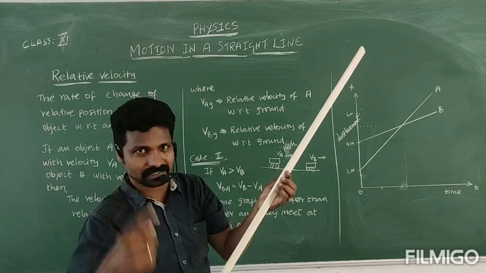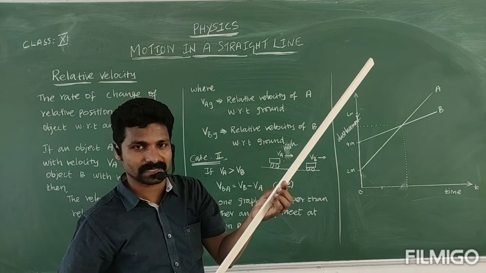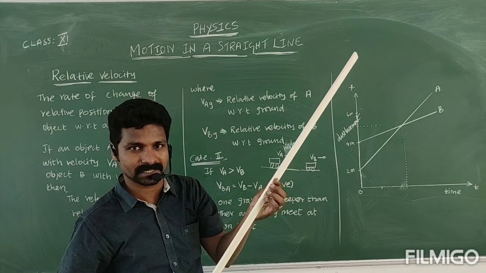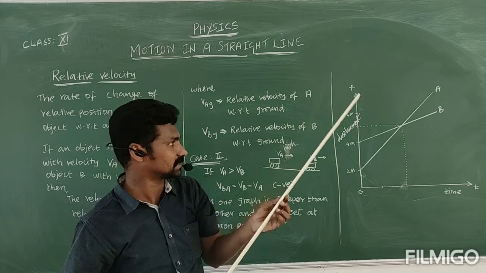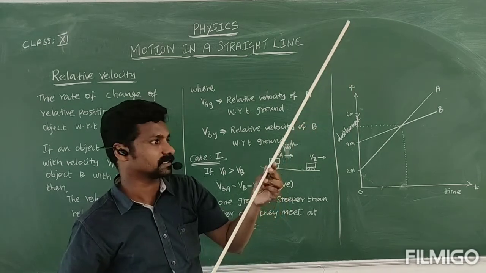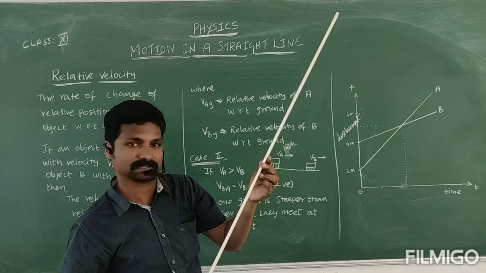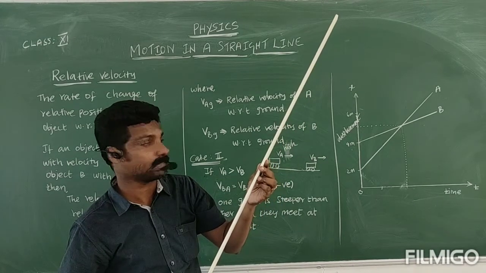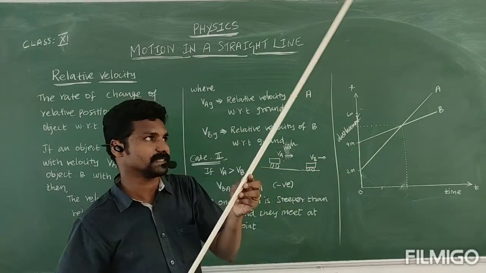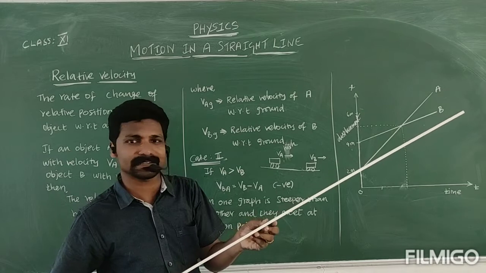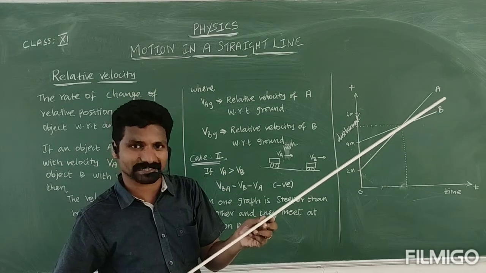You know that point; we already discussed it in the position and time graph. Like that here, the slope value is more, so the velocity is more for A. But if you observe, B's slope is lighter, less tilted, so object B's velocity is less.